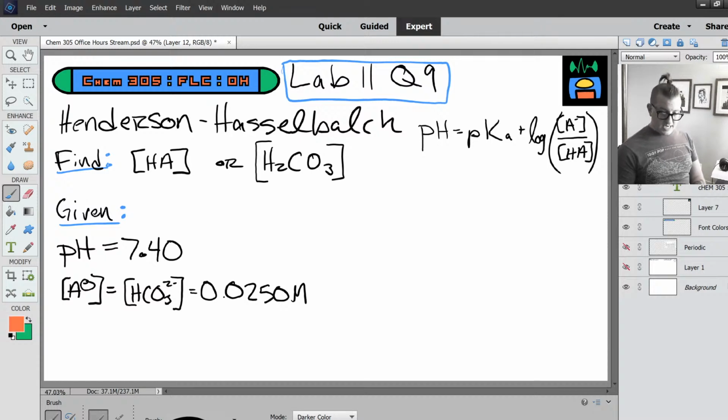Looking at the Henderson-Hasselbalch equation, we've got our pH, we've got our A minus, and they want us to find our HA. So we just need the pKa. In part 8A, they ask us to look up the pKa of carbonic acid. I thought it was around 4.7, but let's see.